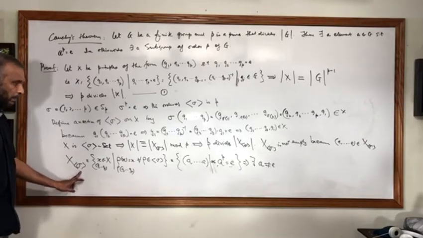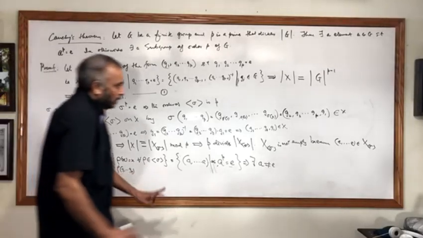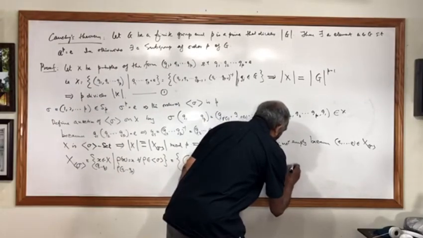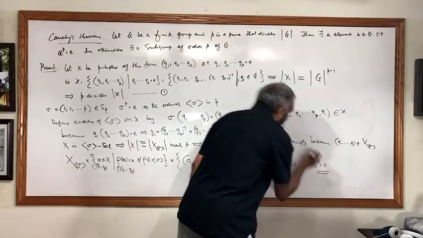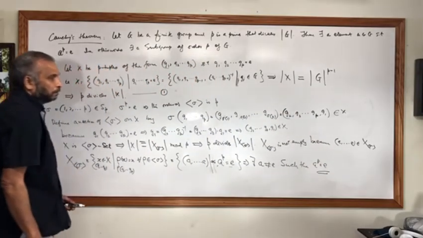So there is another element such that a to the power of P is equal to E, and that is what we want to prove.